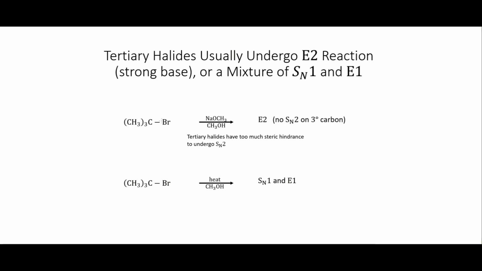All right, the next rule of thumb is that tertiary halides usually undergo the E2 reaction if we have a strong base, or a mixture of the SN1 and E1 if we have a weak base. So we have this tertiary halide here, this bromine right here on this tertiary carbon, and we have our strong base right here.